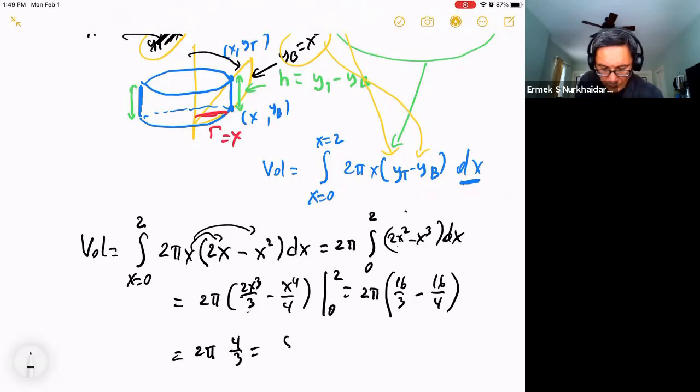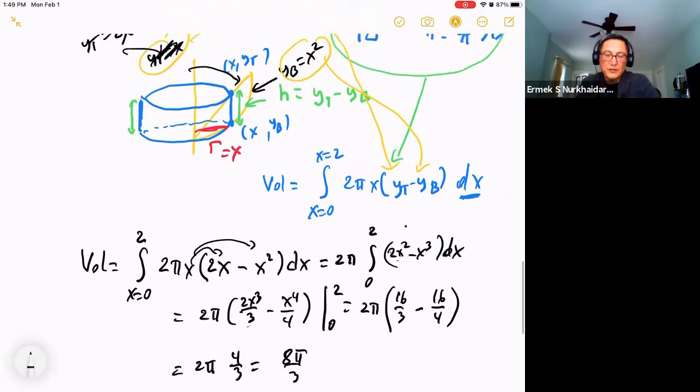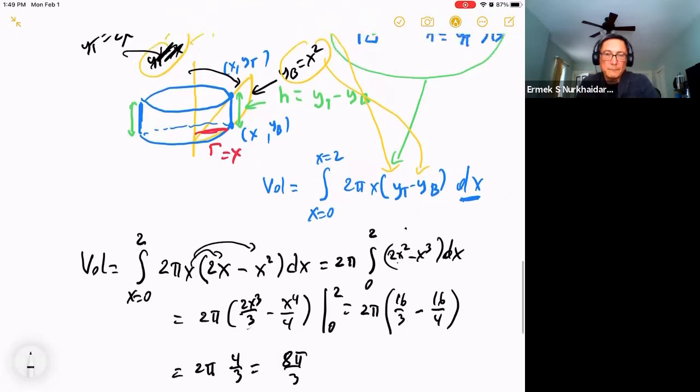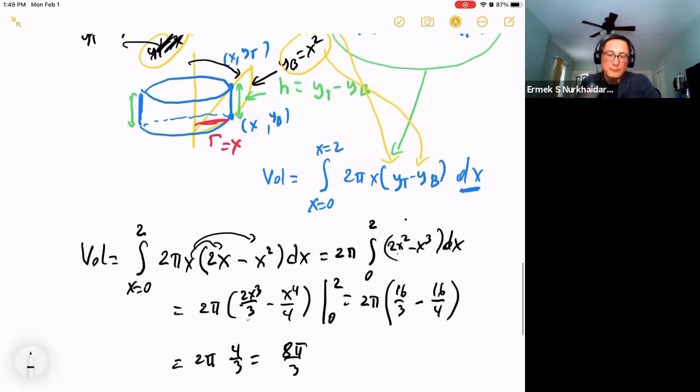So 8 pi over 3, something like that. And again, don't be surprised if you do the problem and get a mistake, like we just did. I forgot that my function is not y equals x, but y equals 2x. Somehow I didn't pay attention to that. So that was part A.